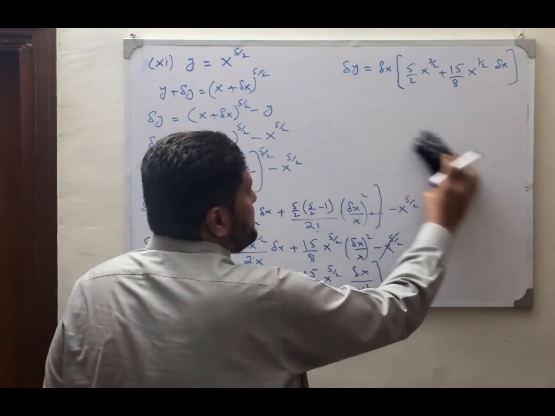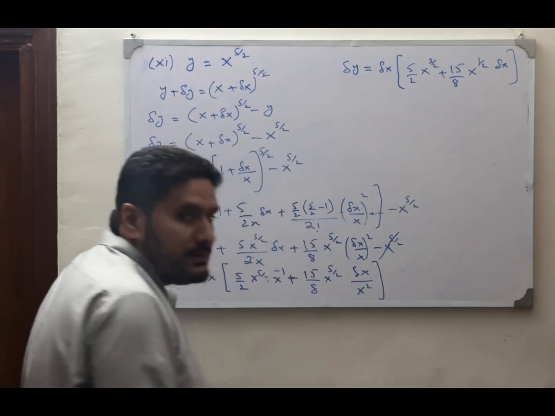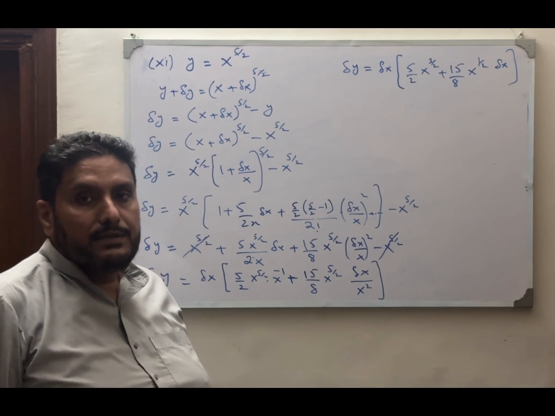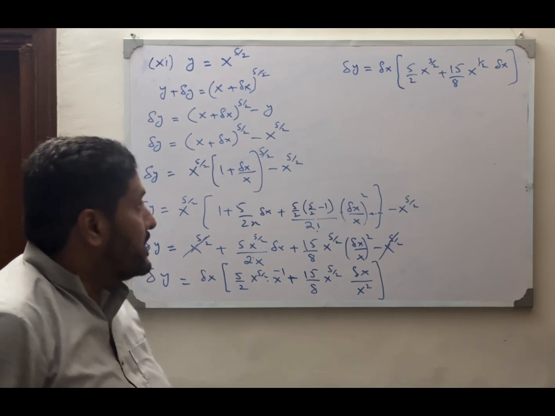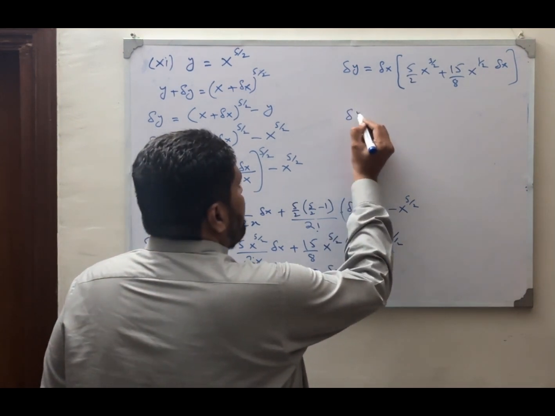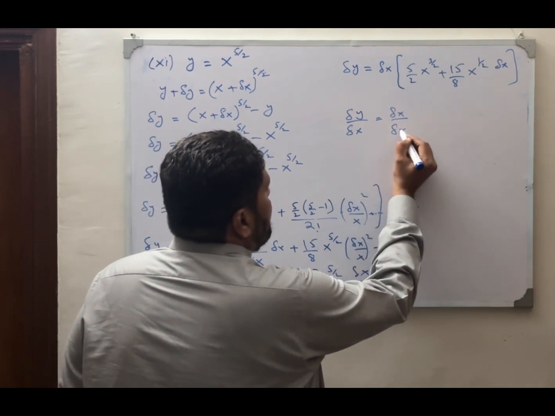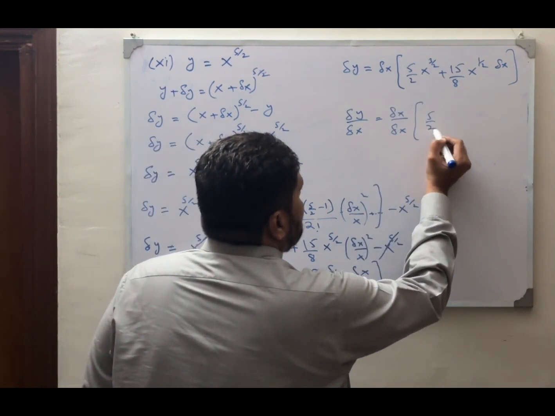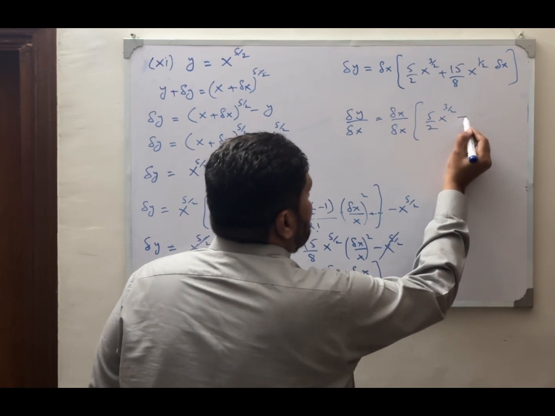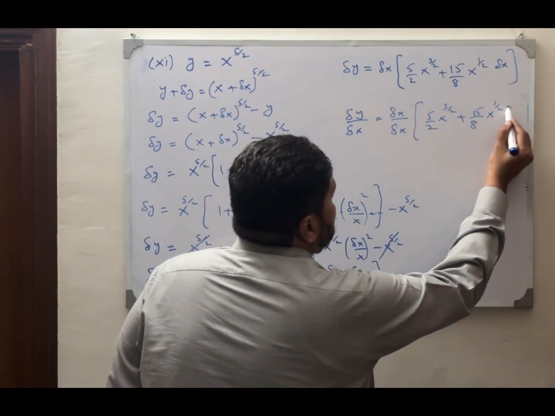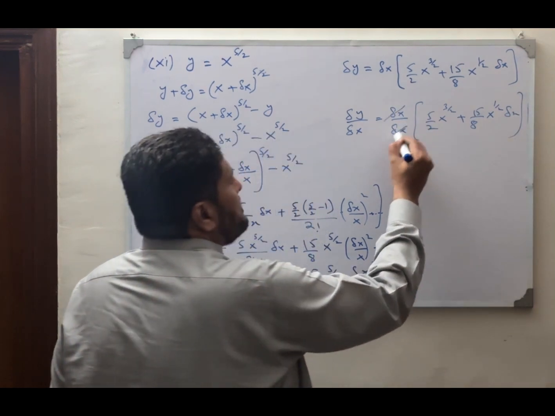Now by using step 3, we have to apply the divided by delta x on both sides of the equation. So we write it as delta y by delta x, that is equal to delta x by delta x into 5 by 2 x power 3 by 2 plus 15 by 8 x power 1 by 2 delta x. So this will be cancelled.